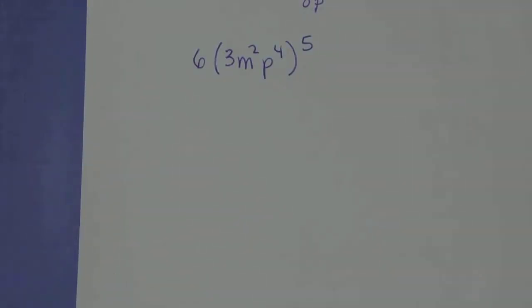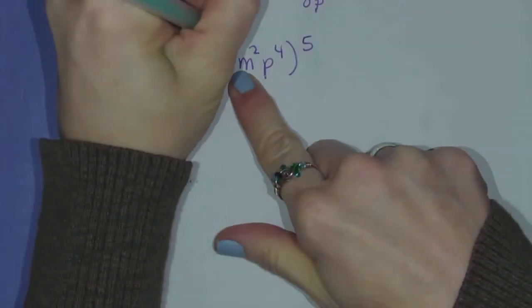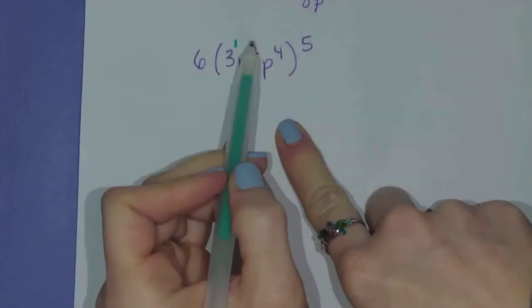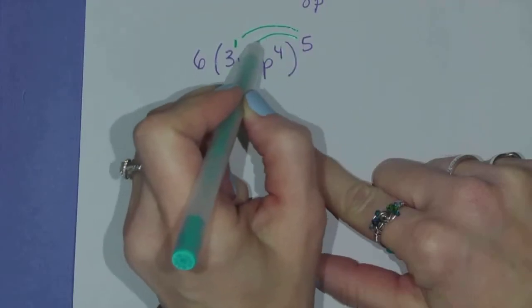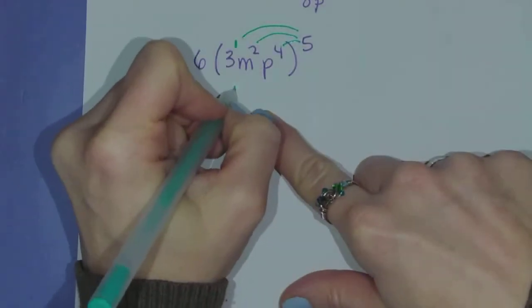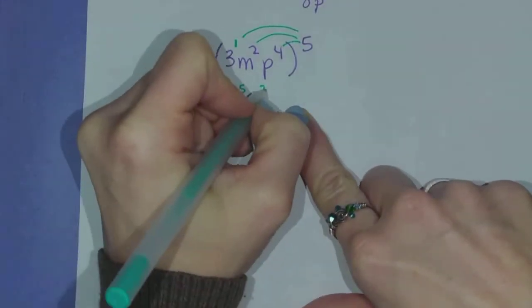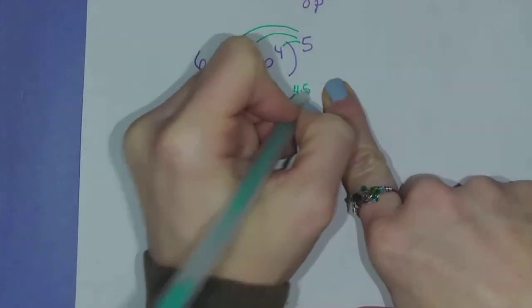Let me start by taking the coefficient in the front, the 3, and raising it to the first power, because that will tell me what to multiply the 5 by. So almost like I'm distributing, I'm going to take 3 to the 1 times 5, m to the 2 times 5, and p to the 4 times 5.